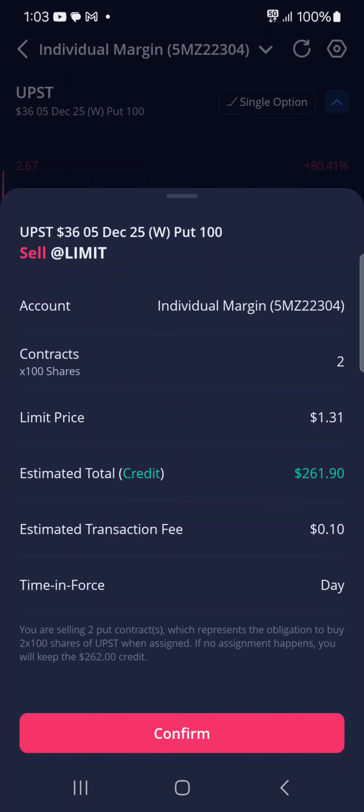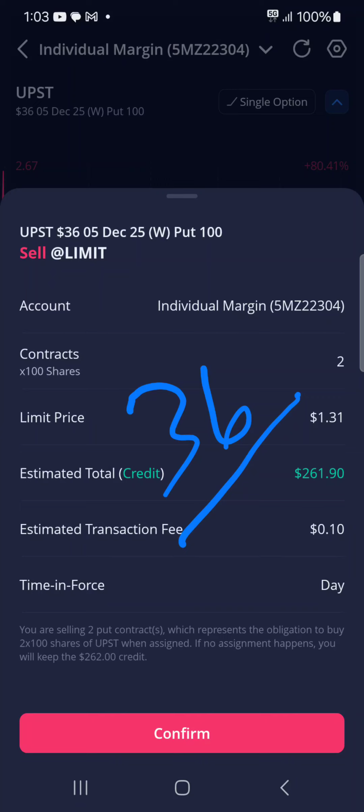But if the stock price goes lower, say it goes to 25, you will get assigned. As soon as the stock price goes to 36, you have to buy the stock, which is what you want to do anyway.